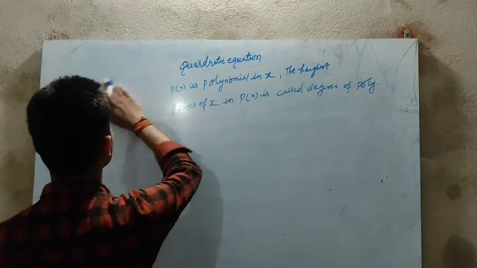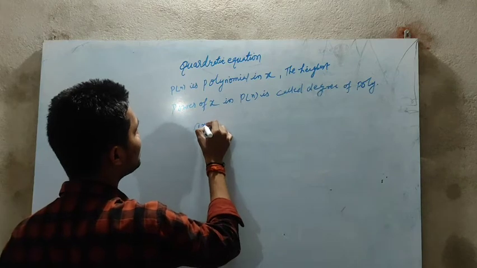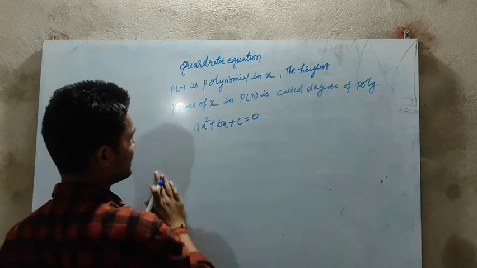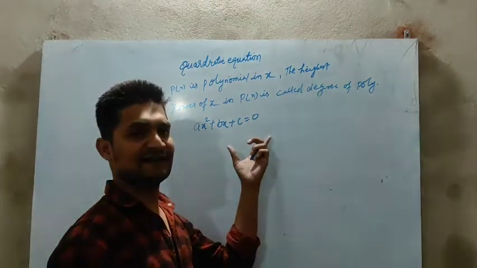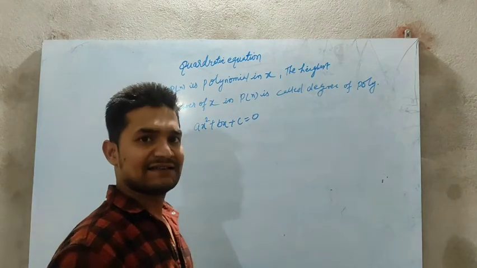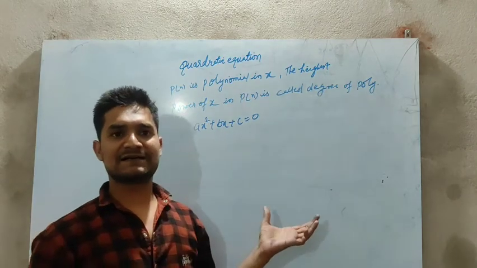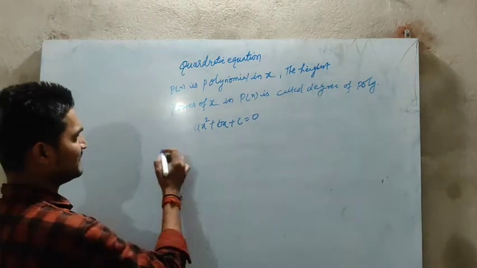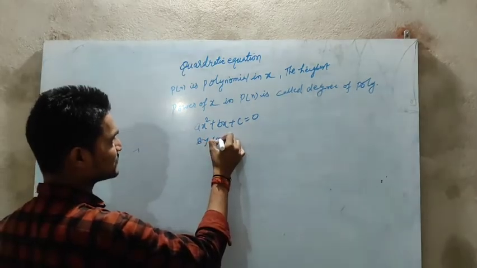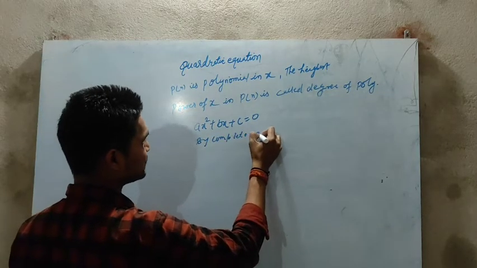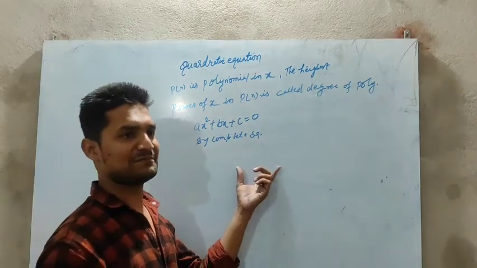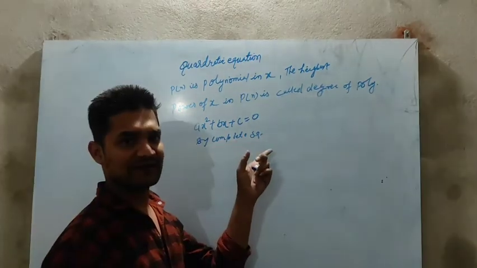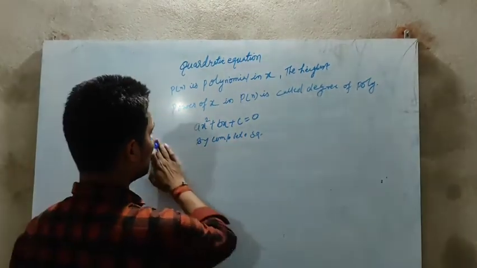There are many ways to find the value of x, but I think the simplest method is the complete square method to solve the quadratic equation ax^2 + bx + c = 0. By the complete square method, ax^2 + bx + c = 0 has to be converted into (a + b) whole square.